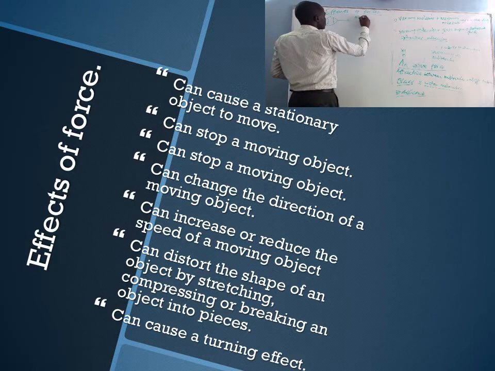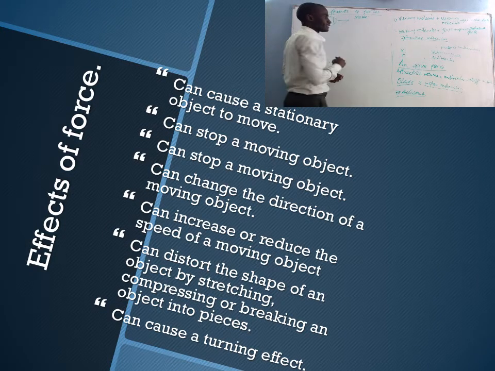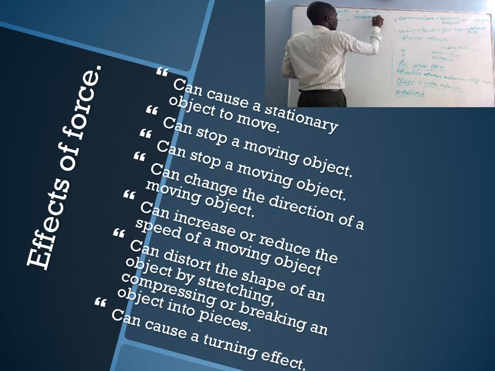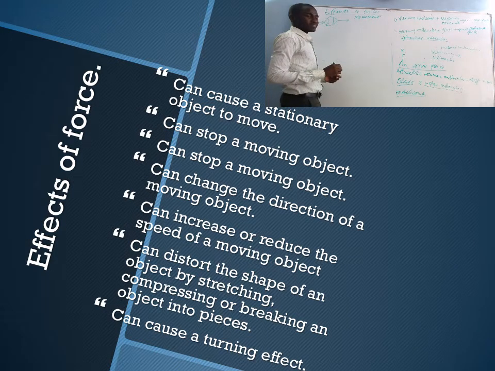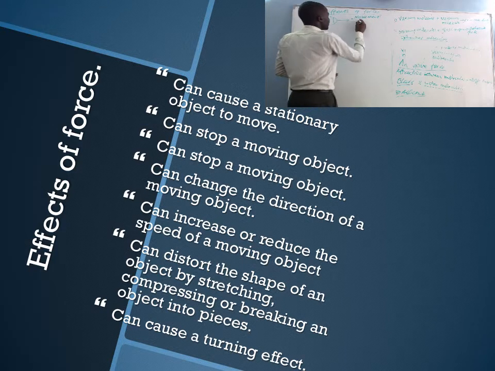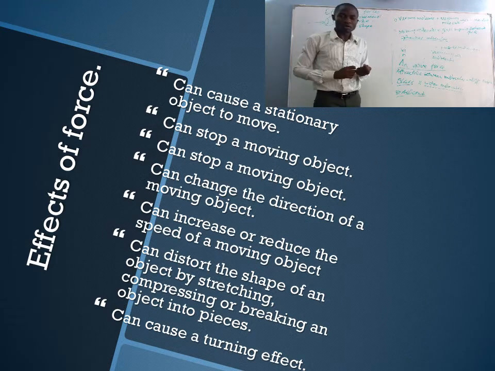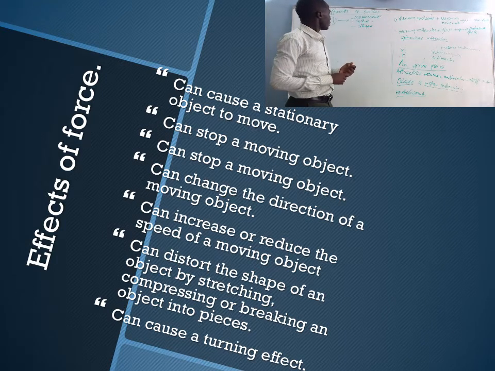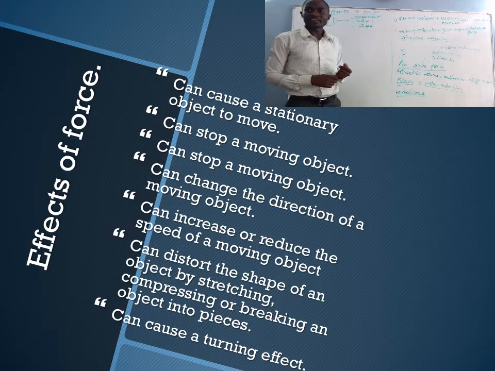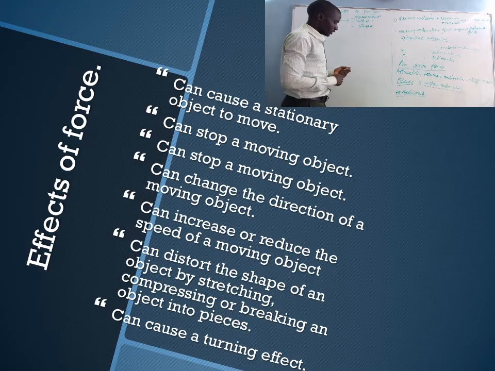We are going to cause some movement. It may have an effect on the movement, or it can have an effect on its size or the shape of that ball. And so, broadly, the following are the effects of a force on an object.